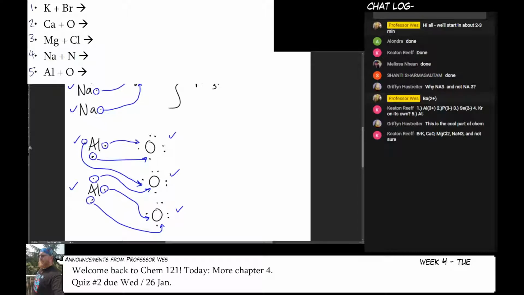And yeah, it takes a while to get there, but eventually we do, and what we have is the formula. There were 2 aluminum and 3 oxygen. So that's the formula of aluminum oxide.